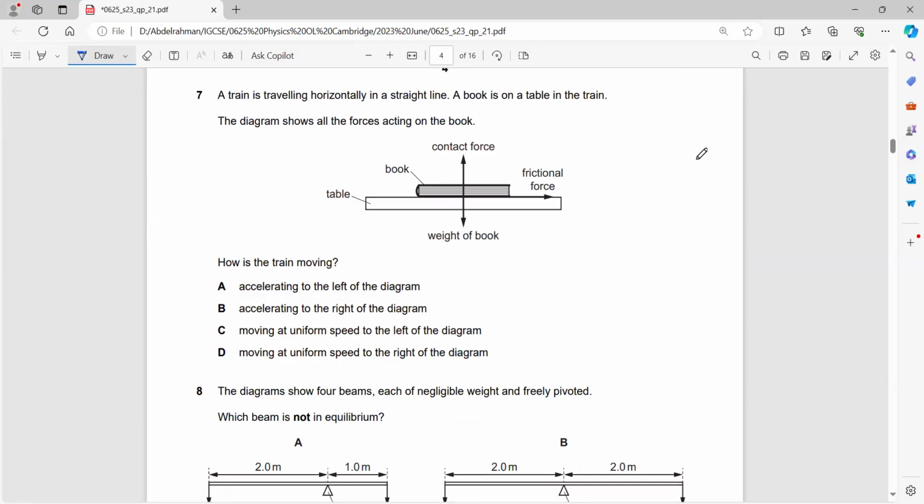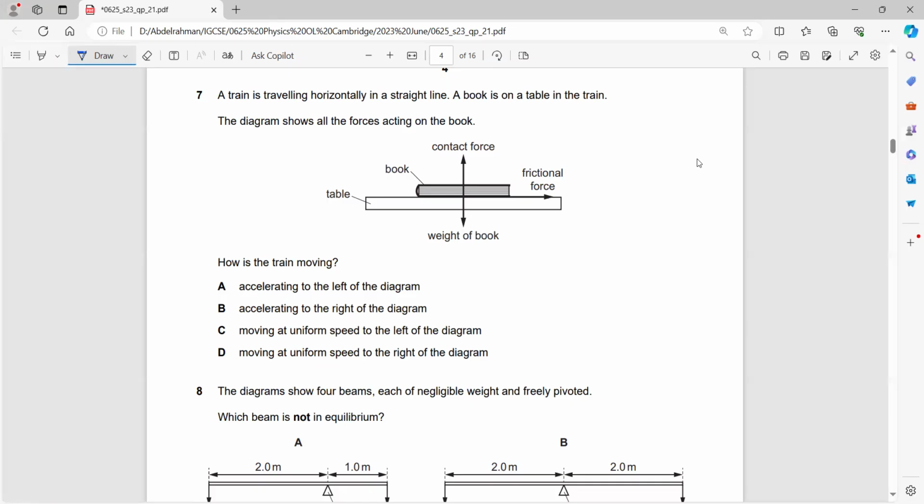A train is traveling horizontally in a straight line. A book is on the table. The diagram shows all the forces acting on the book. How is the train moving? To be honest, this is a really good question. If you have a frictional force to the right, a contact force upwards, and the weight of the book downwards, how would the train move in this case?